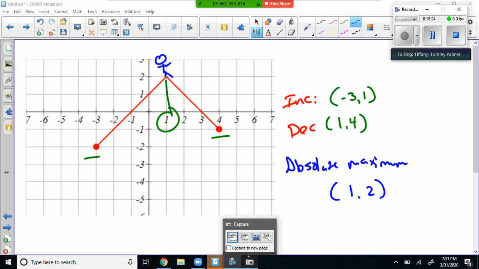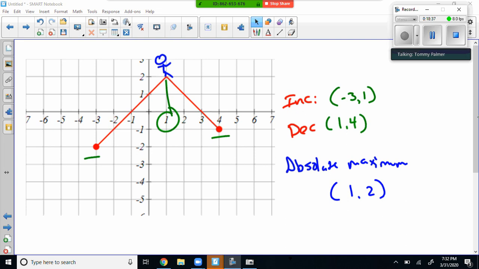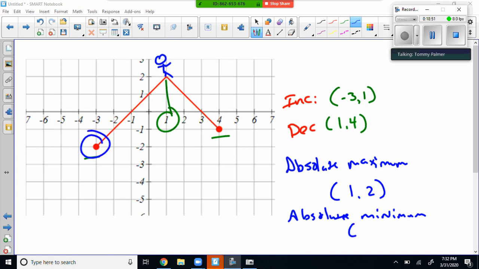Well, do you see a well for this one? It should be a valley, right? This one, the absolute minimum would be that point, -3, -2.